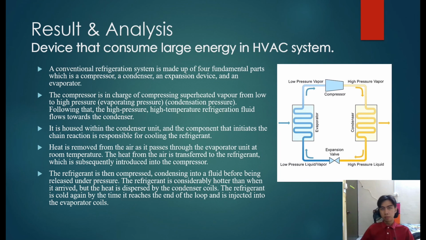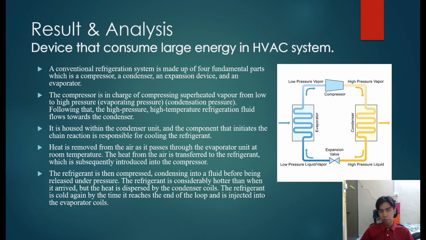So I'm going to present about the device that consumes large energy in HVAC system for result and analysis. A conventional refrigeration system is made up of 4 fundamental parts, which are a compressor, a condenser, an expansion device, and an evaporator. The compressor is in charge of compressing superheated vapor from low to high pressure, or it is called evaporative pressure and condensation pressure.